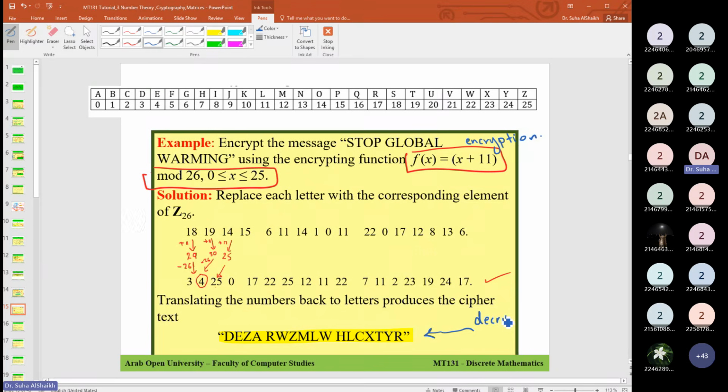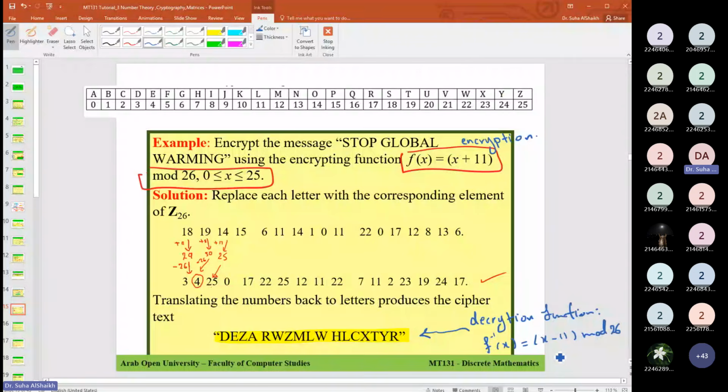Who can tell me? What function will we use to decrypt the message in this case? Minus 11, that's correct. It will be f inverse of x equal to x minus 11 mod 26 in this case.